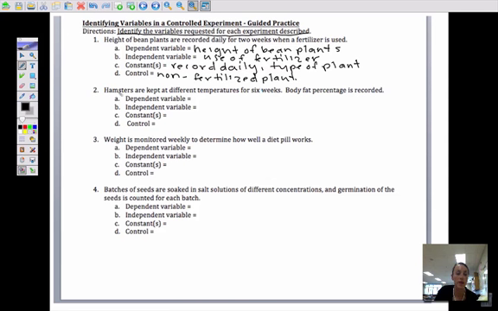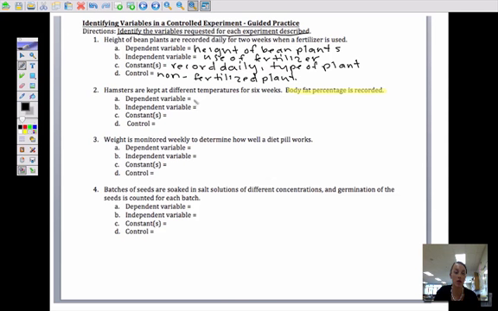For our second experiment, it says hamsters are kept at different temperatures for 6 weeks. Body fat percentage is recorded. Okay, so the first thing they're asking me for is my dependent variable. I need to ask myself, what am I measuring? What am I recording? Well, the last part of the sentence says body fat percentage is recorded.